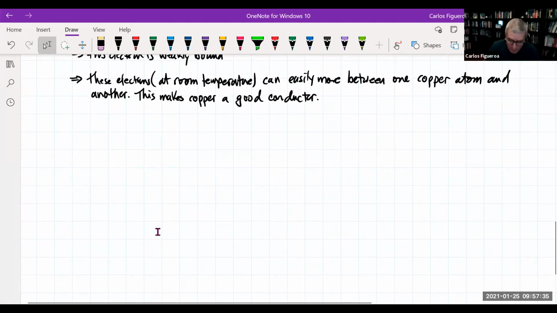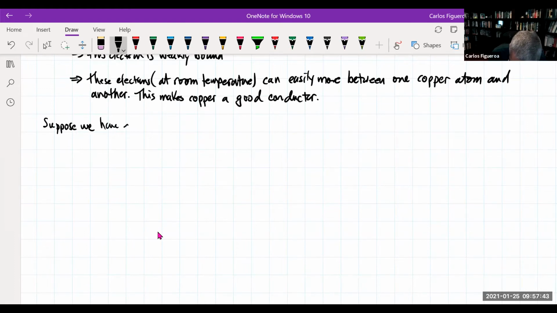So what you find here is that, suppose we have a short piece of copper wire.